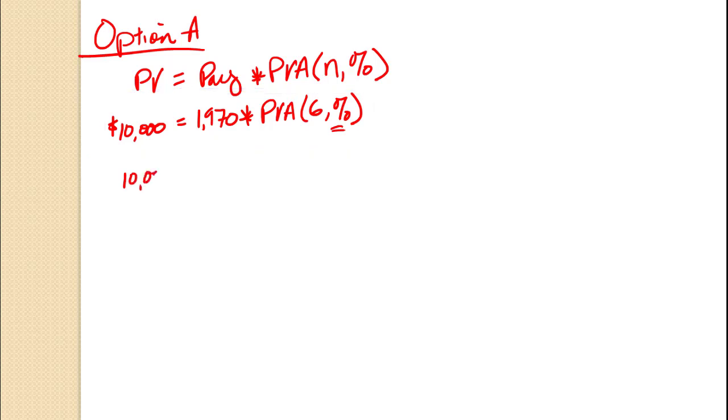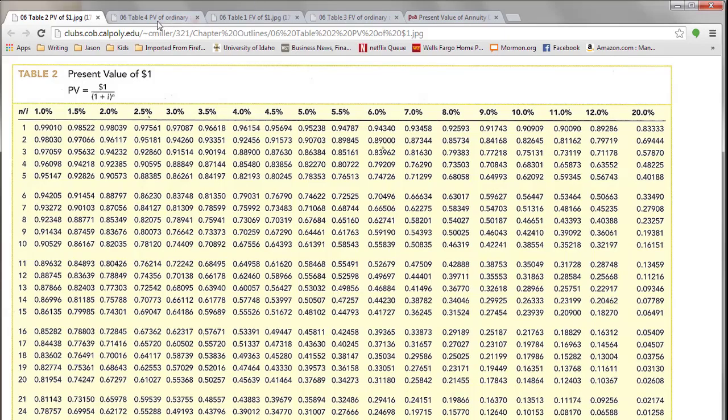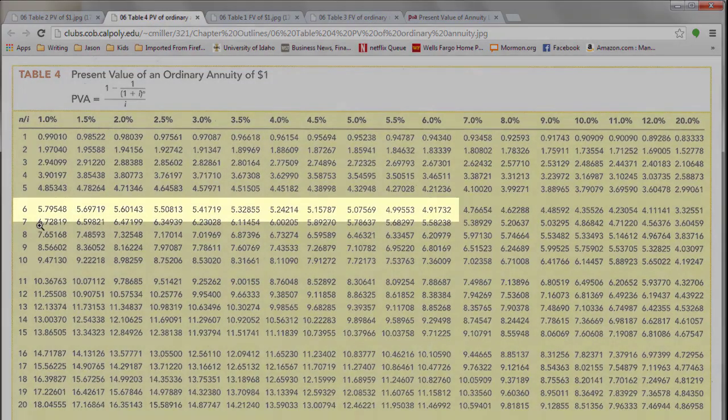If I take 10,000 divided by 1,970, I get 5.07614, and I know that's got to be equal to my present value of an annuity factor, n of 6 at some percentage. And with that, I can figure out what this percentage is using a time value calculator. That's the easiest. If I don't have a time value calculator, I can still get it from my tables. So I'm going to go to my present value of an annuity table, and I'm going to find my n of 6.